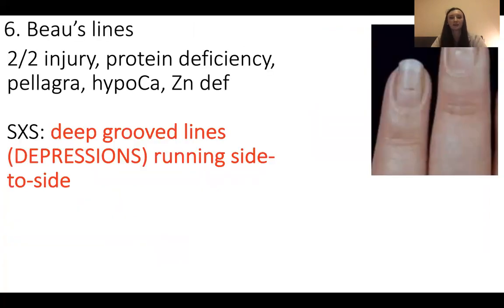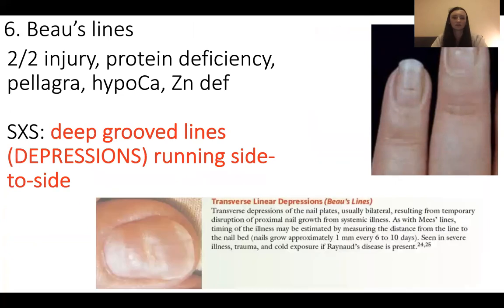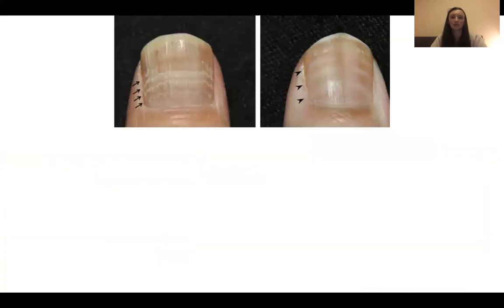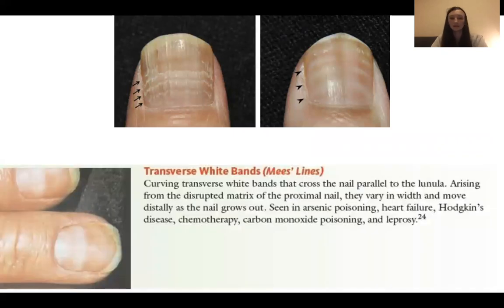Beau's lines are going to be deep groove lines, depressions running side to side because of injury or some sort of deficiency, like you hit your nail or something. So here are these lines that are growing out, and these are Mees' lines, and they arise due to Hodgkin's disease, arsenic poisoning, chemotherapy, carbon monoxide poisoning, and leprosy.